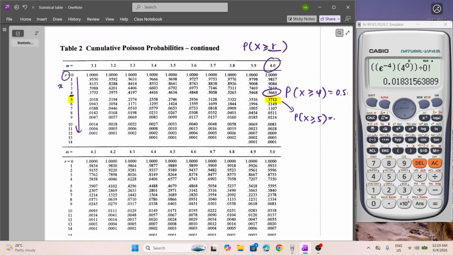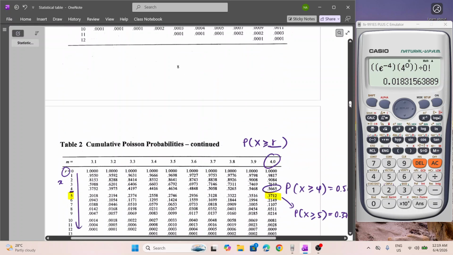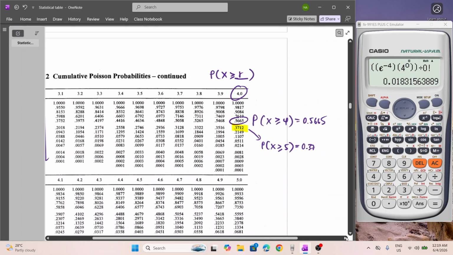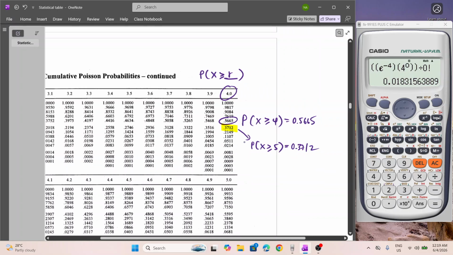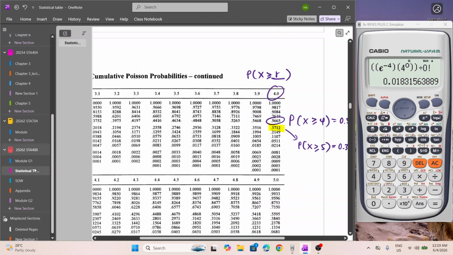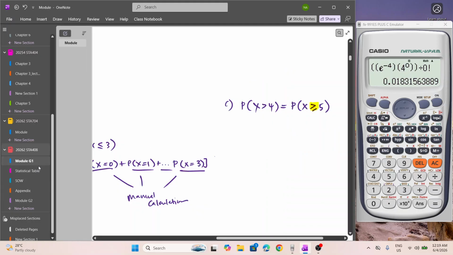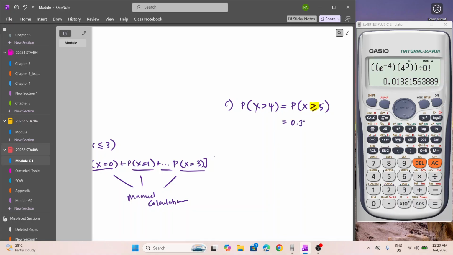So the answer is 0.3712. In our module, you can write the answer. It is equal to 0.3712, right?